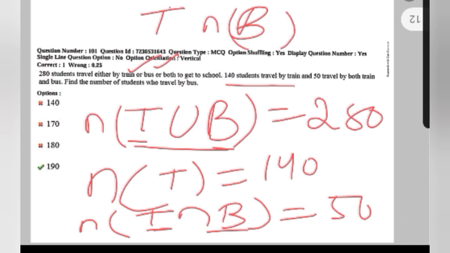So I have to find out the number of students who travel by only bus. Here the number of elements in T union B is 280, the number of students who travel by train is 140, and the number who travel by both is 50. Let's check the solution.